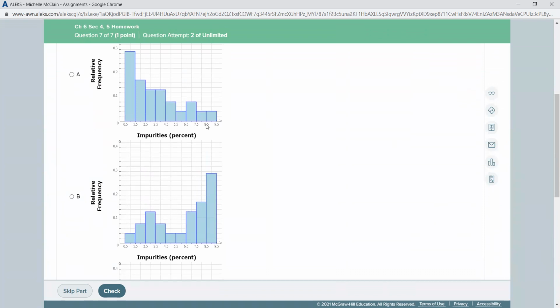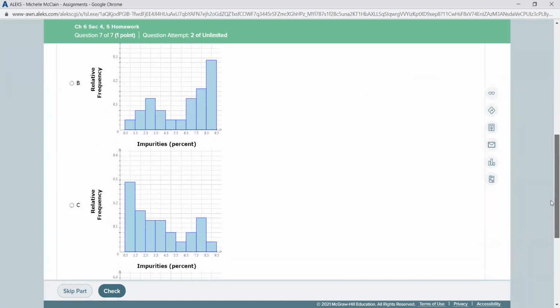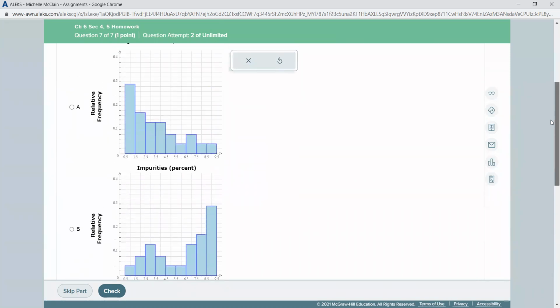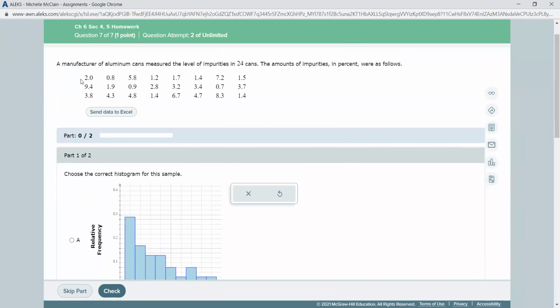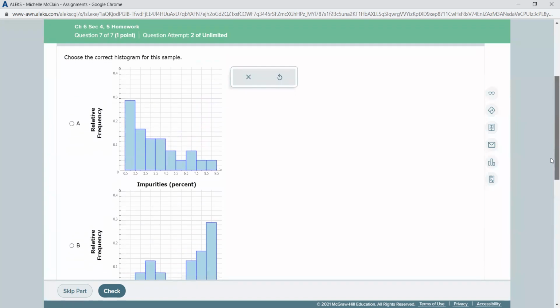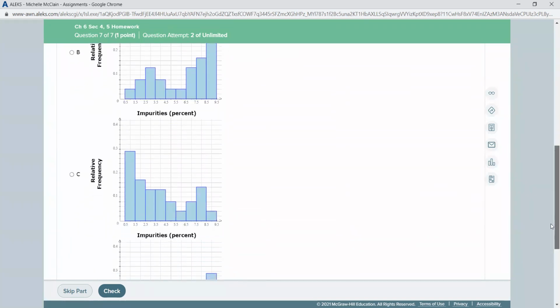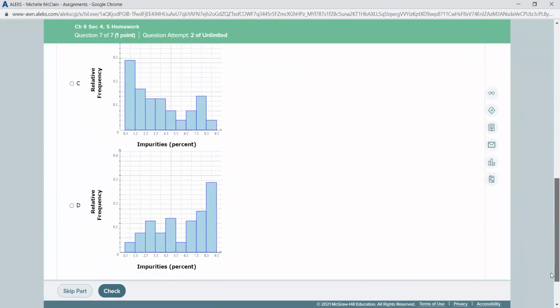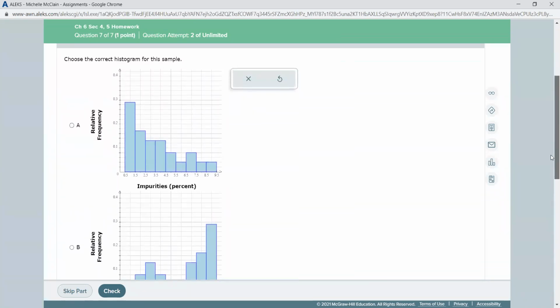Notice it's small, and then letter C, it's tall. Okay, so let's go back and let's count how many data items fall between 7.5 and 8.5. Nope, nope. Okay, so 1, 8.3. So that means it's really little. So that means it cannot be C. That means it has to be A.